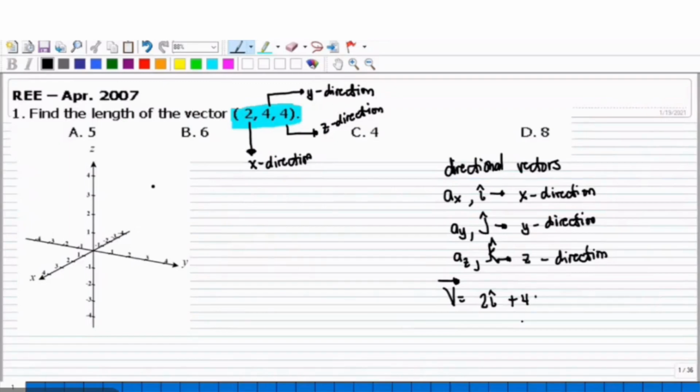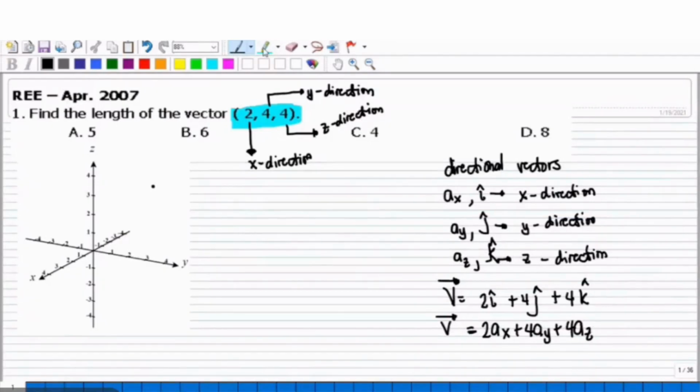Take note po, y direction ito. Then plus 4k. Ayan po. Or in aX, aY, aZ, this is also 2aX plus 4aY plus 4aZ. Okay. So yan po yung mga different notations natin on vectors.